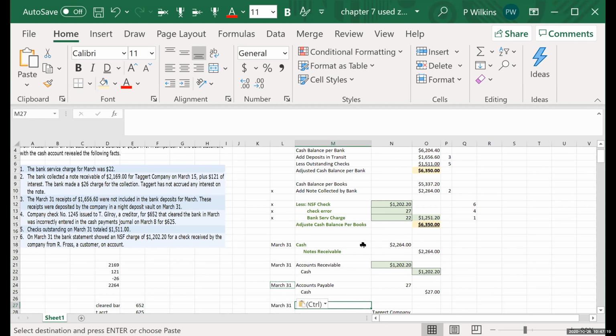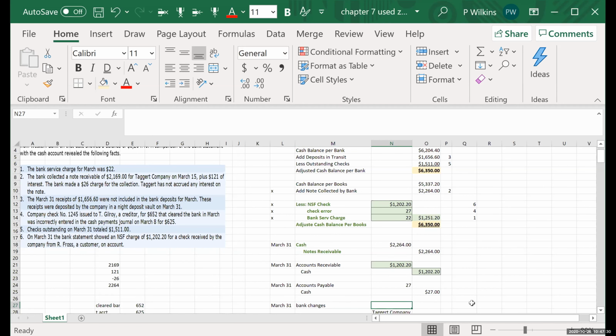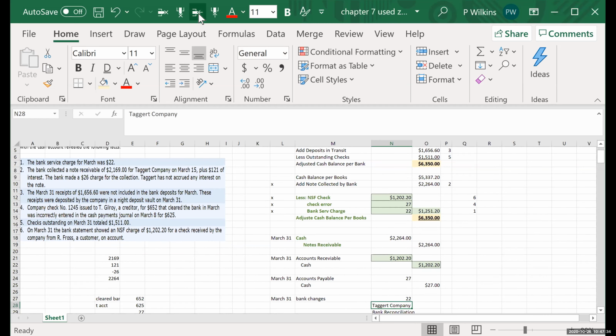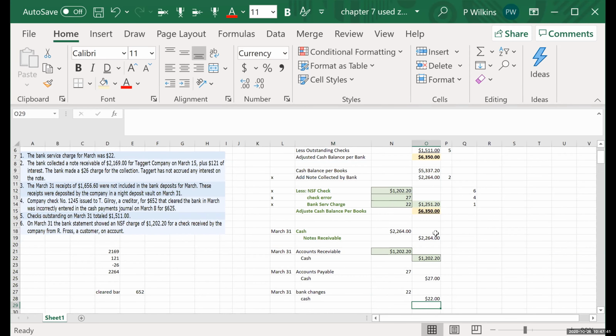So we are going to debit bank charges, I think is what they call it. You can see the chart of accounts for your problem and see what they call it specifically. So the bank charge is $22, right? And then we're going to credit cash, $22. But with these journal entries, I've actually skipped something, and you may not realize what it is off the top of your head, but I'll show you what I have skipped.